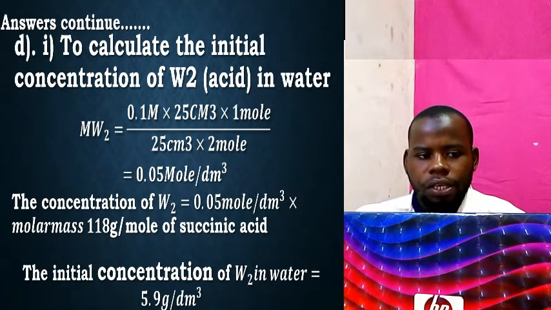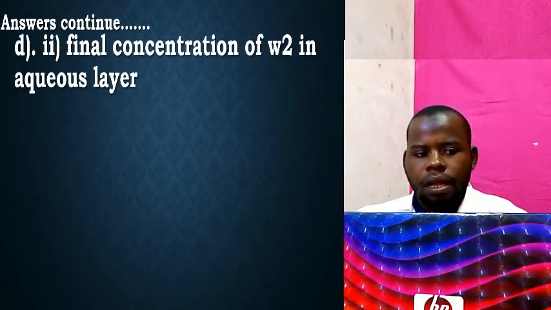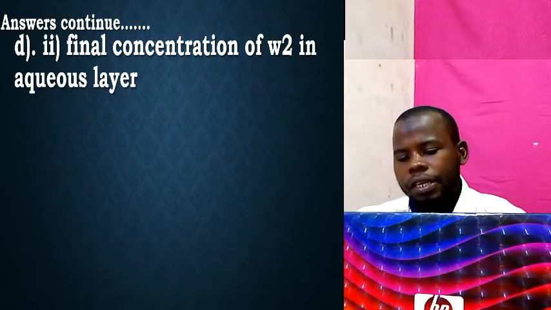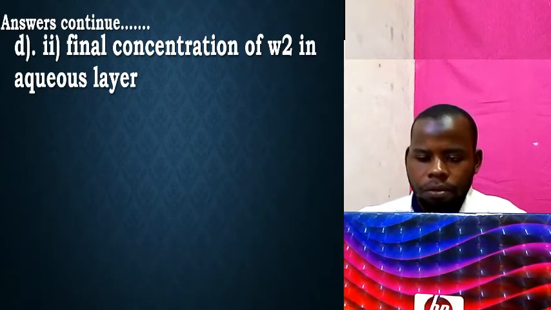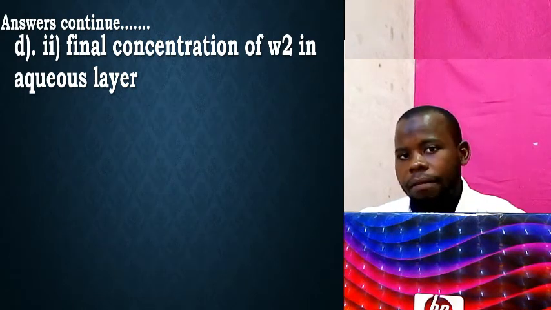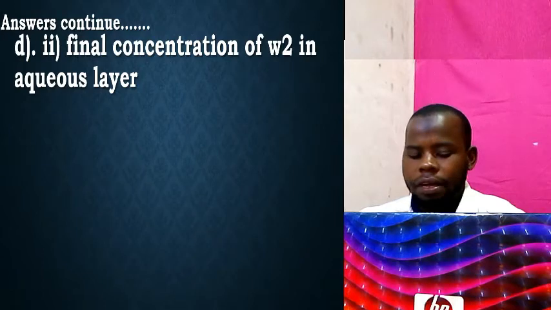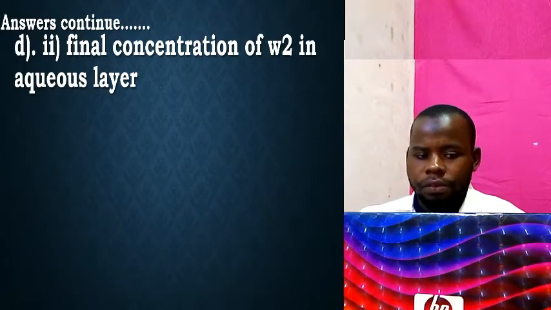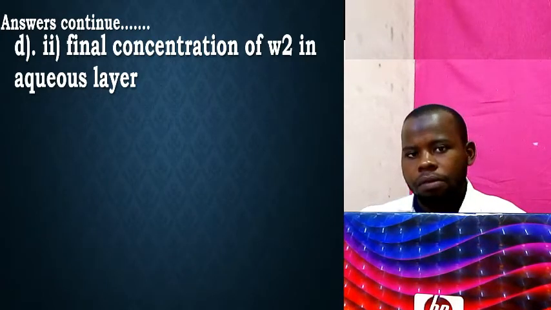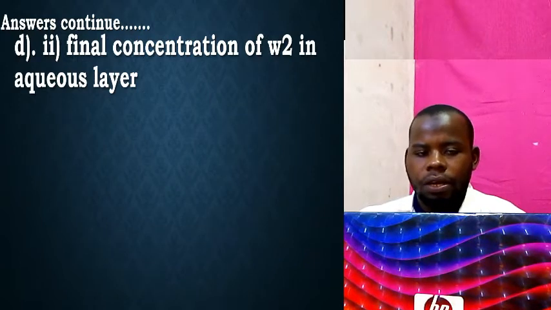The second question: calculate the final concentration of W2 in aqueous layer. That is the concentration by using the data in procedure B. That is, we find the final concentration after succinic acid has distributed or mixed with the organic solvent layer.